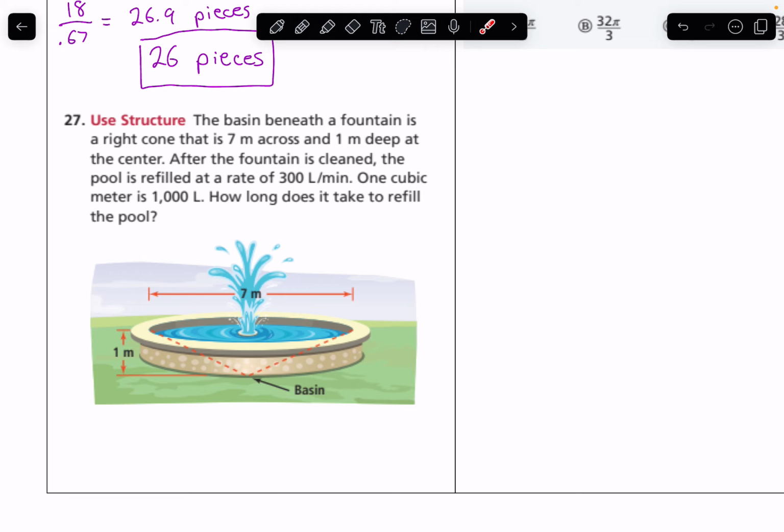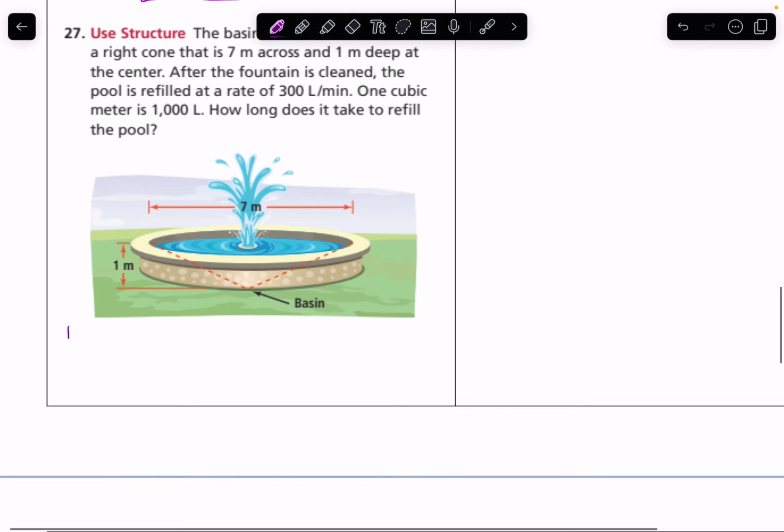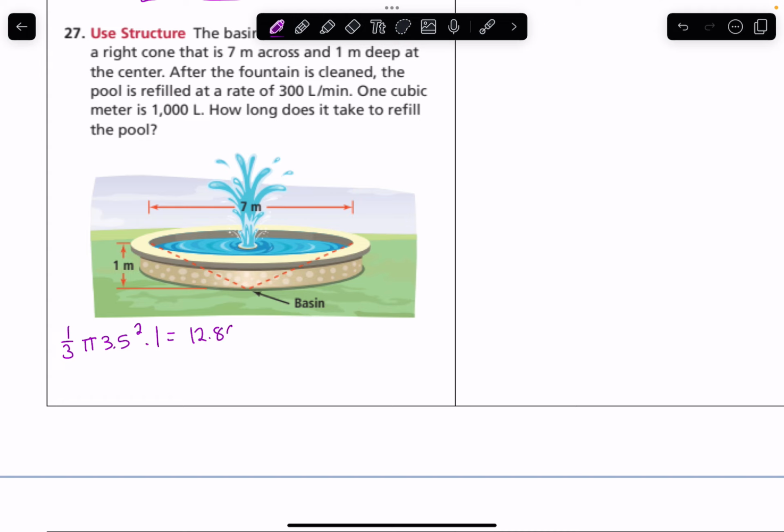So we'll go ahead and find the volume of the pool first, which is a cone, so 1/3 area of the base would be pi times the radius of 3.5 squared times the height of 1 meter. That's going to give us 12.86 meters cubed for the volume of the pool. Then we're going to take 12.86 meters cubed, multiply it by 1,000, because there's 1,000 liters in 1 cubic meter.